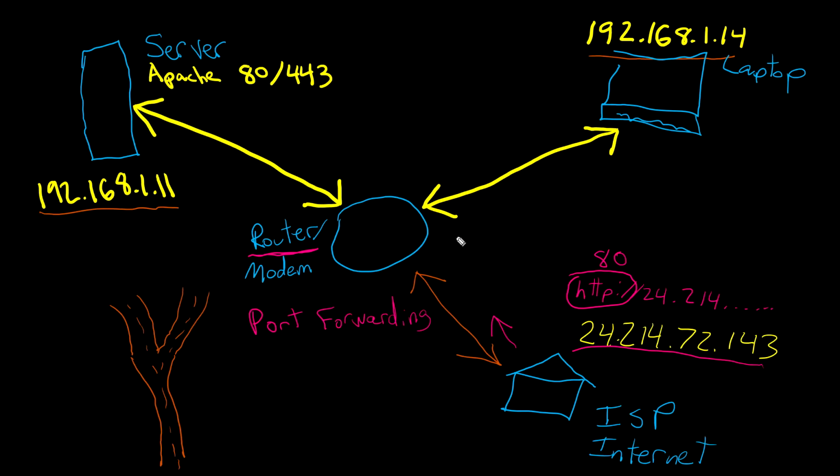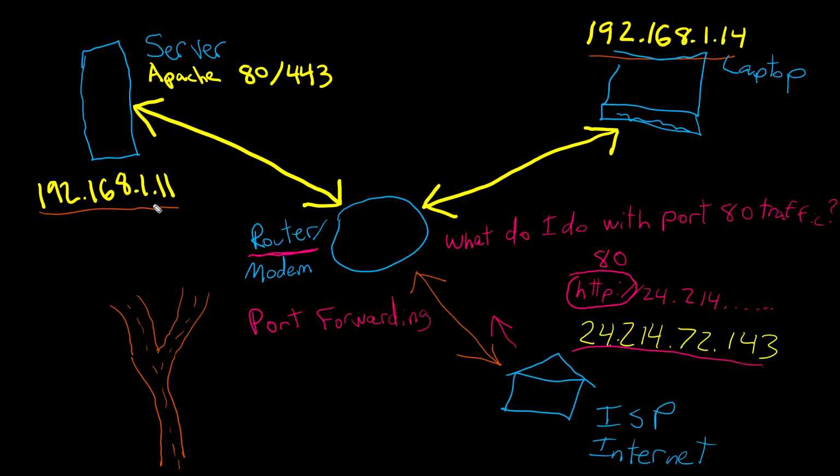And your router is going to say, what do I do with port 80 traffic or requests? Now, it didn't worry about it. The router wasn't worried about it here because it was direct.